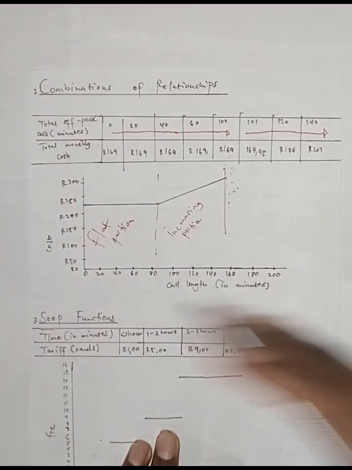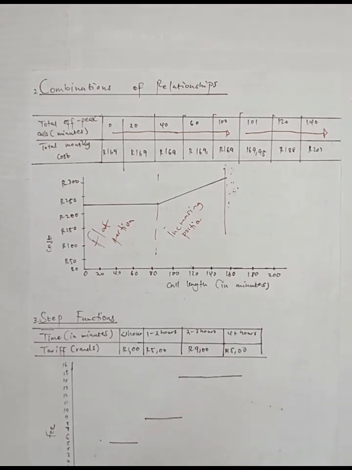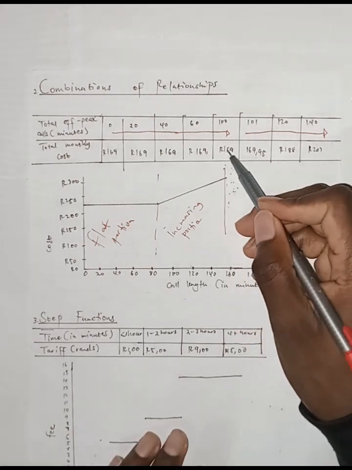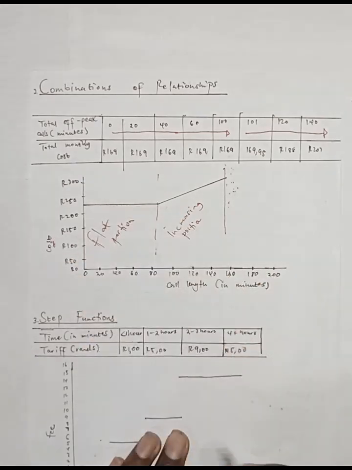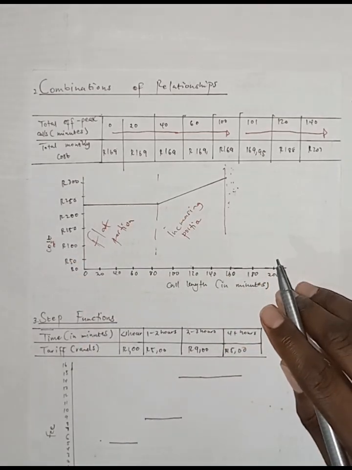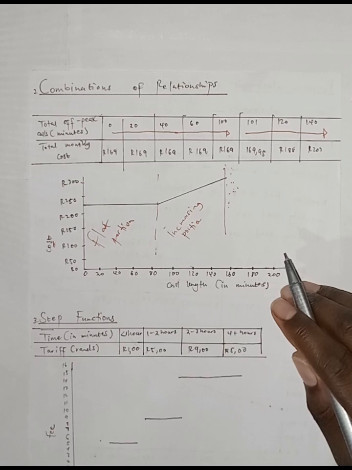That means something is constant, and we know that it's the total monthly cost, while the total off-peak calls, the minutes, are the ones that change.